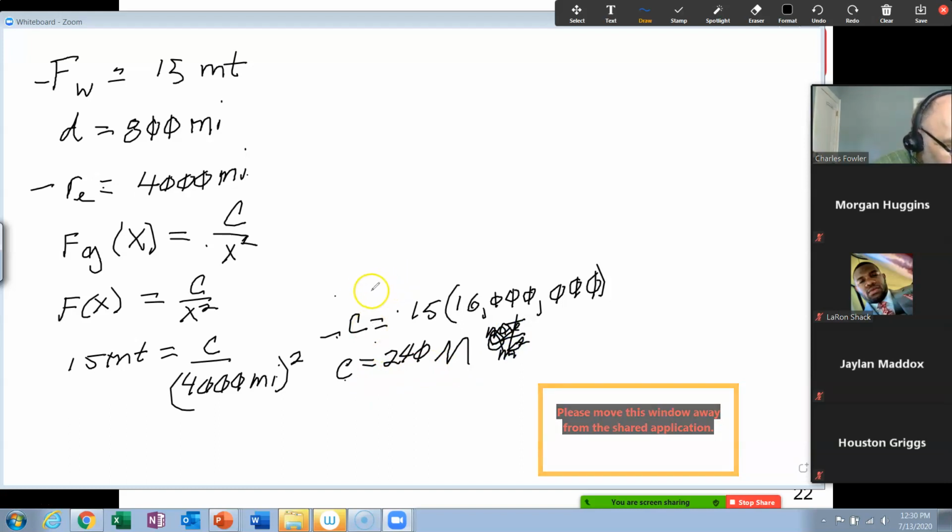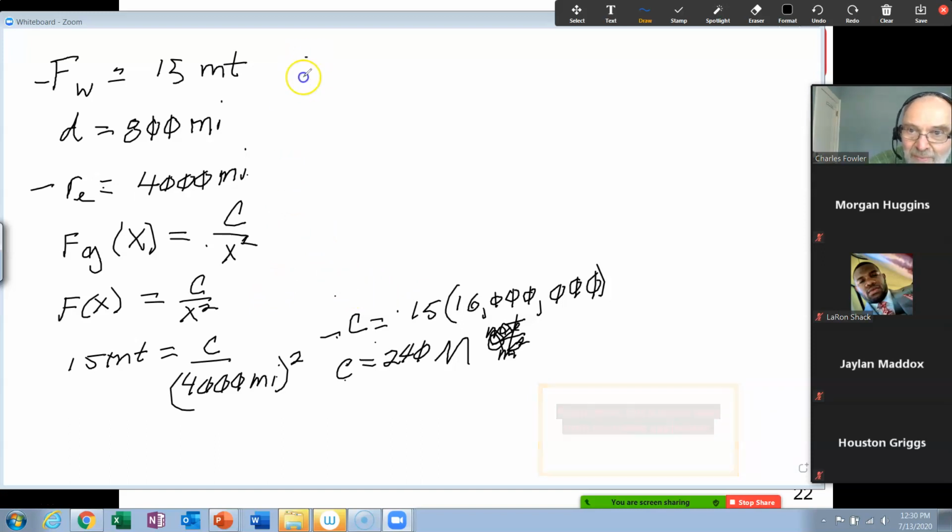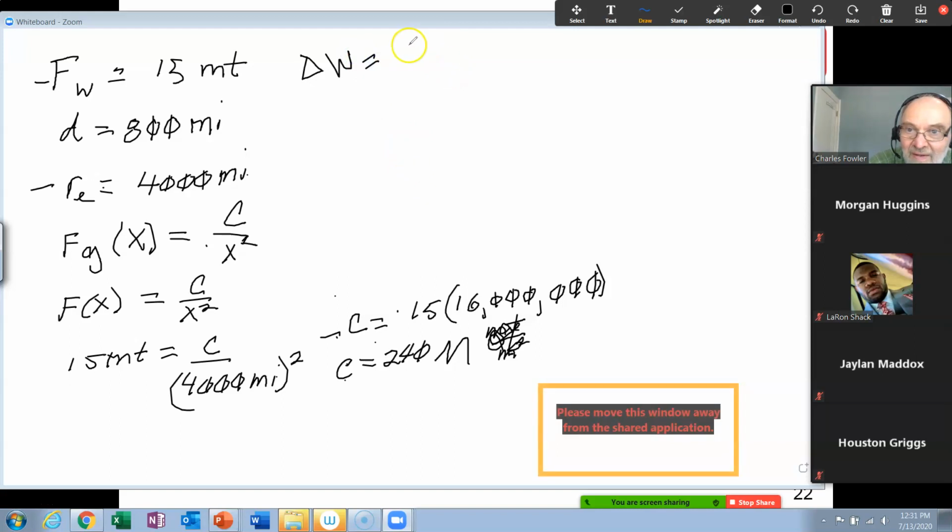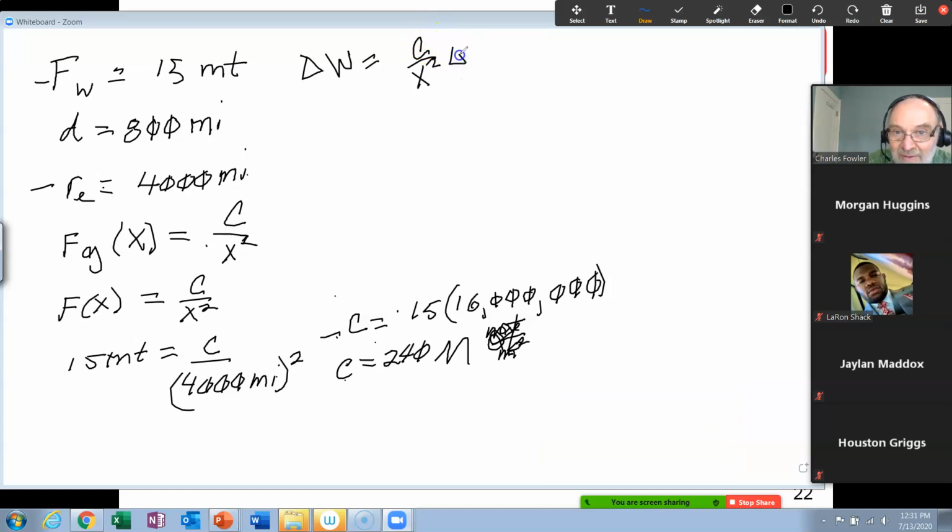240 million. Okay. So our increment of work, your delta W, I'm doing it the way the book does. I usually don't put this many steps in here. That would be the force, which is your weight. This is your f of x here, so that would be c over x squared, where we'll put in the c, times your delta x.